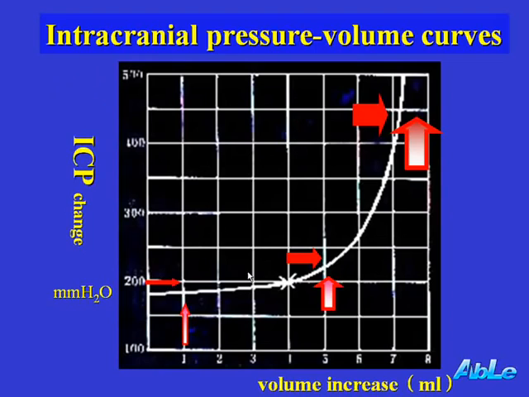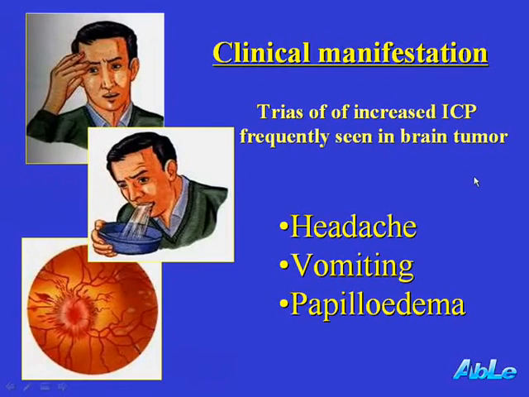As a medical student, I suggest you memorize this picture. It's very important: in a certain stage, only a very small increase of intracranial volume will lead to a huge increase of ICP.